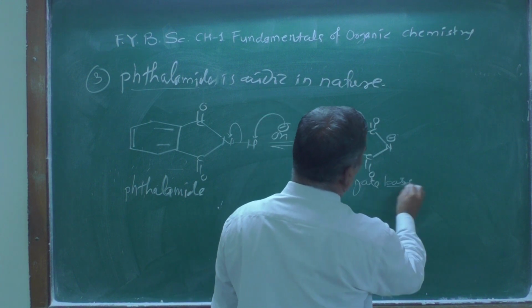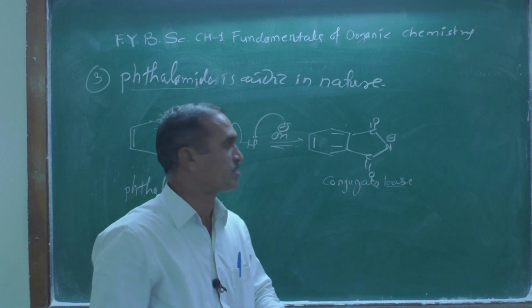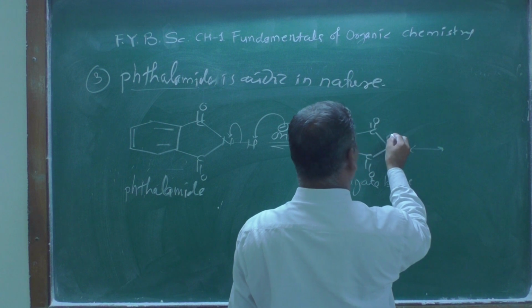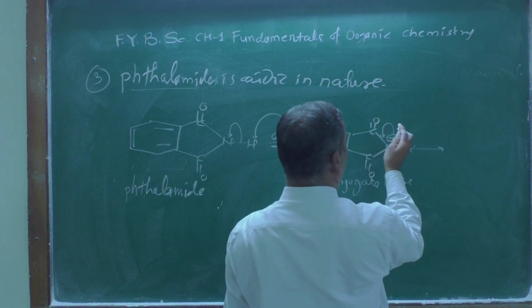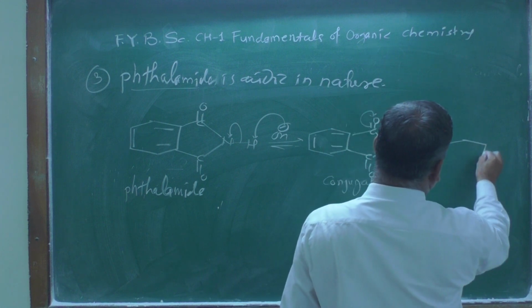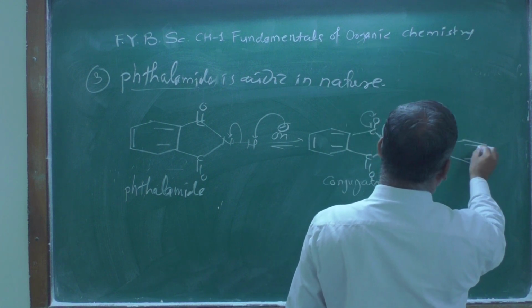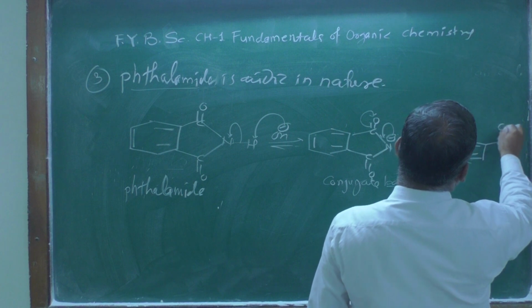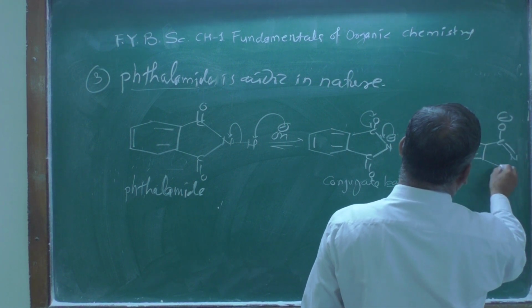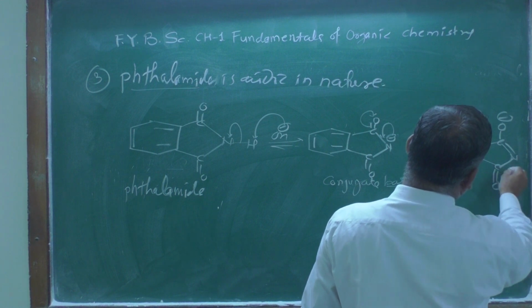And this conjugate base is well stabilized due to resonance. The negative charge goes onto the oxygen atom, and you get this product: CO minus over there, then nitrogen double bond, then C double bond O this way.